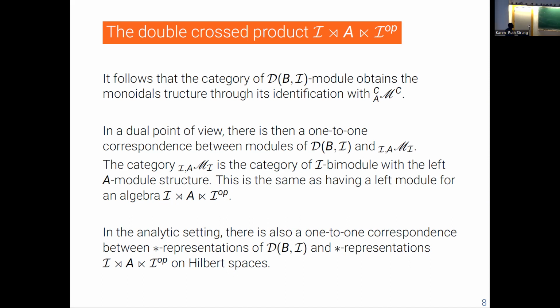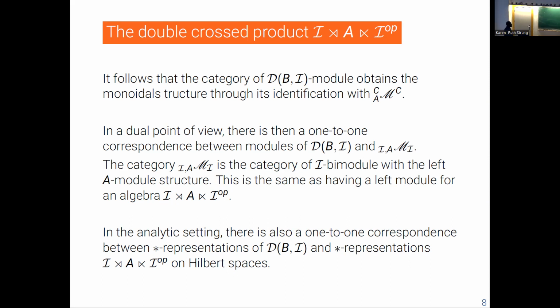From a dual point of view, you can see that there exists a correspondence between modules of this Drinfeld double and this category here. This is the category of I-bimodules with the left A module structure.